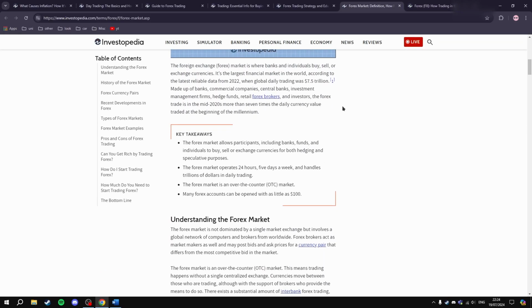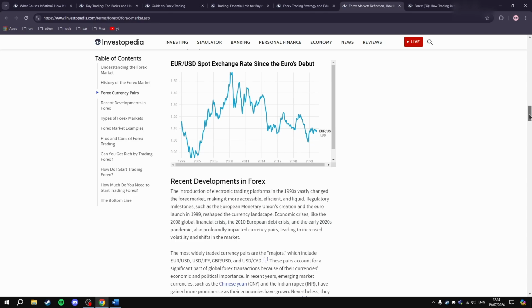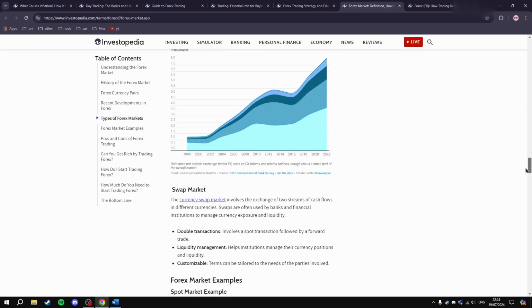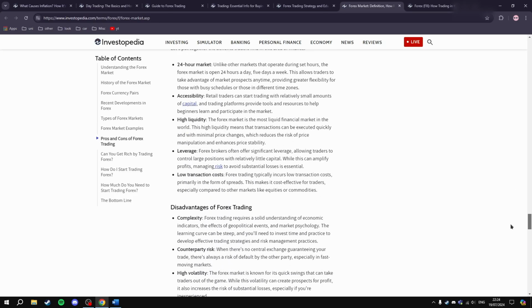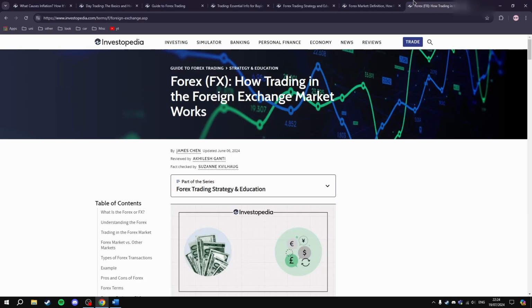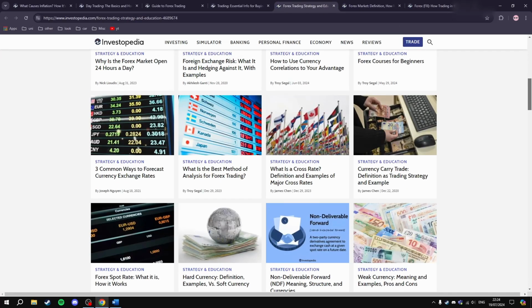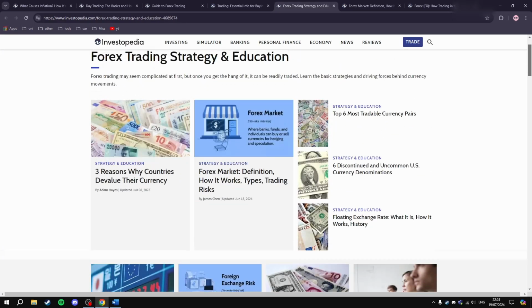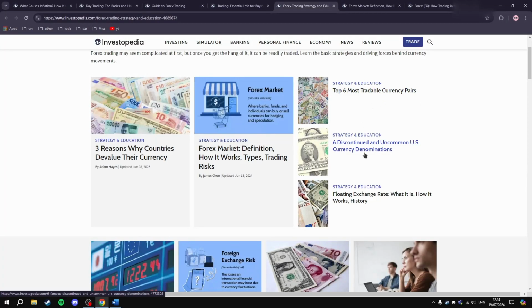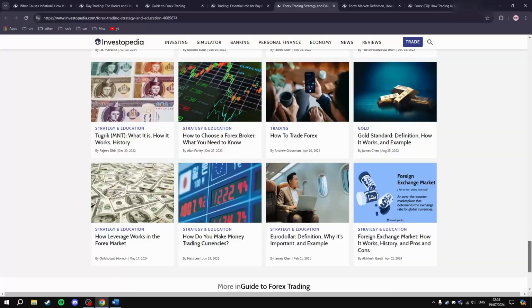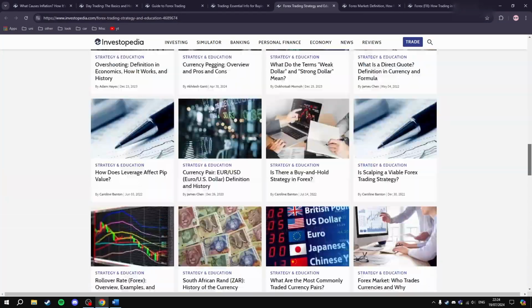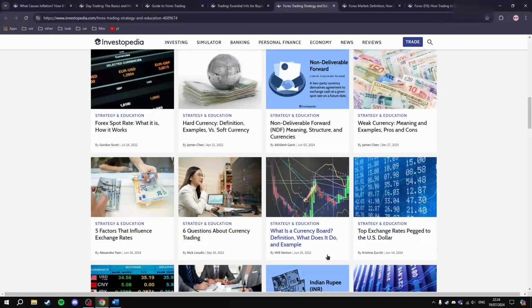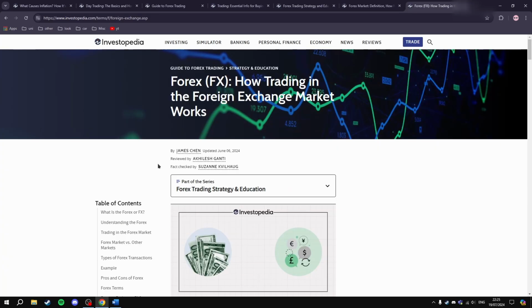I think the thing with this Investopedia page is that there's so much stuff to go through that it's not really organized properly. I guess they're all strategy and education, but there are no beginner, intermediate, advanced levels to this. It's just, what is a currency board, like what?